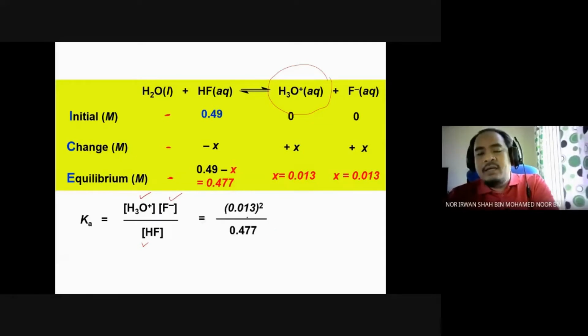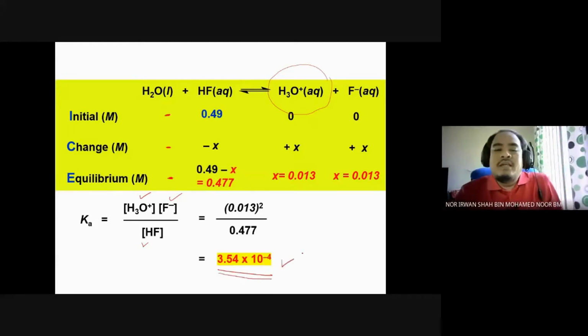So kita akan dapat 0.013 squared. Okay, kenapa squared? Because 0.013 times 0.013 divided by 0.477. Okay, and then you kira ni, solve for this. And finally class, you are going to get this answer. Okay, so dah dia. Okay, the Ka value for hydrofluoric acid.